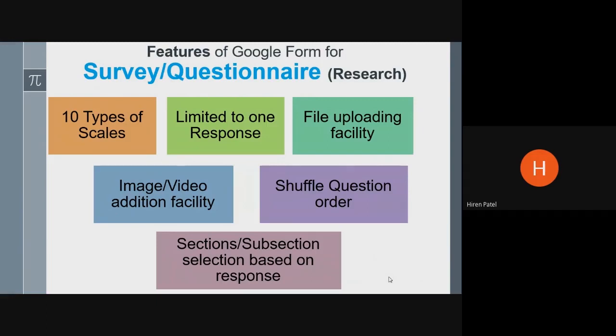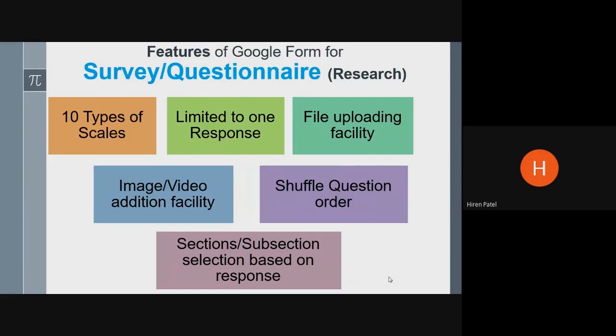These features are very useful in the present situation where, due to lockdown or unavoidable circumstances, it is very difficult for us to move away from home and get the questionnaire filled up in physical presence.